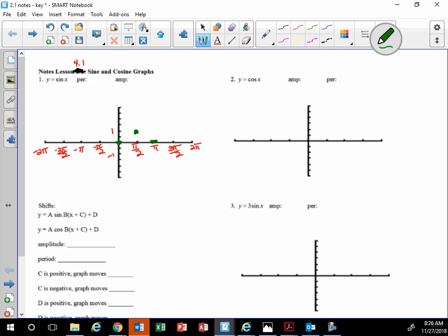What about 3 pi over 2? -1, good. And then 2 pi. All the way around, we're back to 0, right? Yes, there's lots of zeros, that's okay.